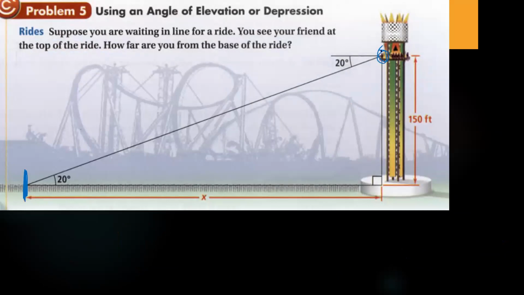The height of the top of the ride is 150. Your angle of elevation here is 20, and your angle of depression will be 22. So how far are you from the base of the ride? So you have to find x. So what do you have to do here?